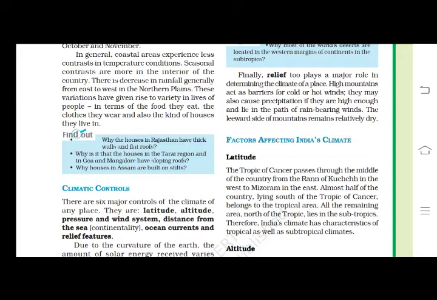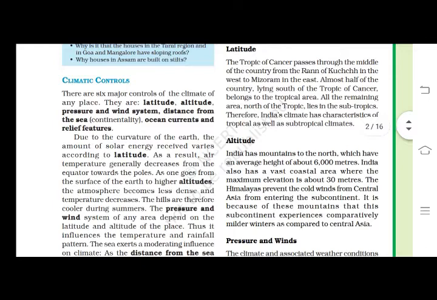Therefore, India's climate has characteristics of tropical as well as subtropical climates. So India receives both tropical and subtropical climates. So this was the first factor, that is latitude.